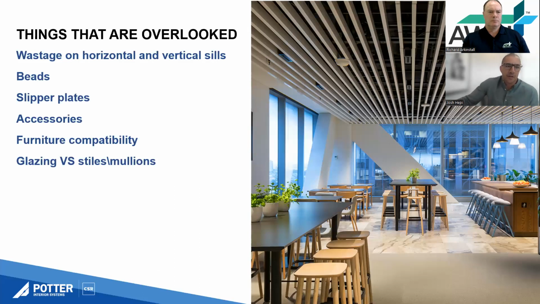Right, so look, I just thought I'd take some time to touch on some of the things that can be overlooked, and I've already kind of touched on the wastage. So if you're not allowing for, say, for example, a common one, if the partition is over 2.8 meters, most of your vertical components or your vertical sills are going to have a large amount of wastage on that project.